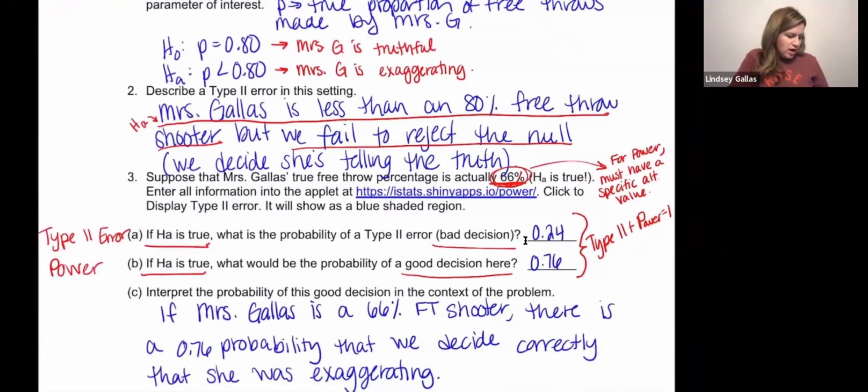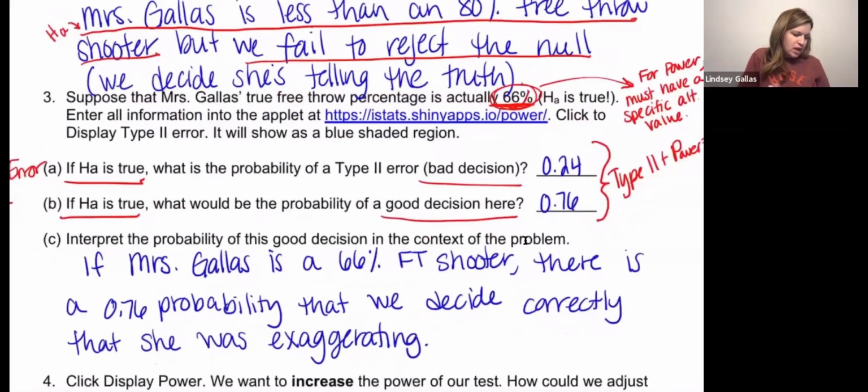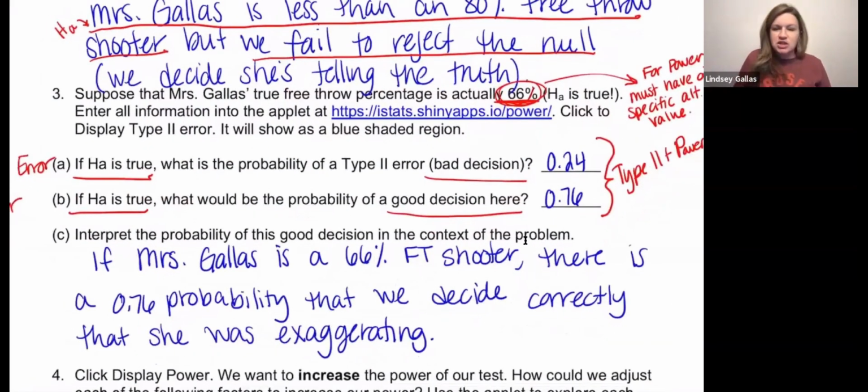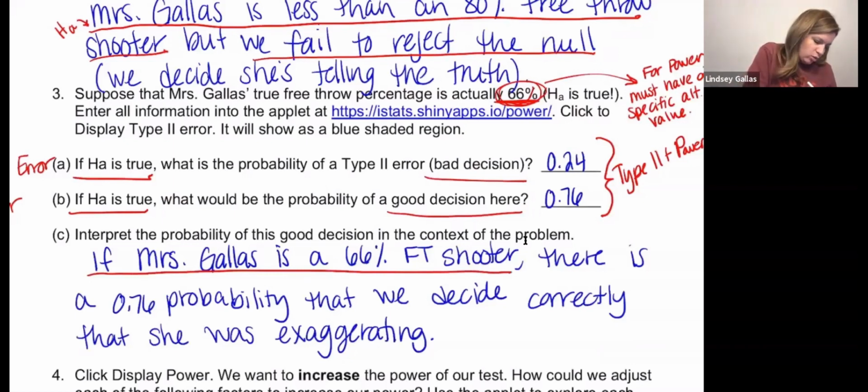Okay, so on part C, we're asked to interpret this probability. Interpret the probability of a good decision in the context of the problem. So what I've got here is, well, remember, we're doing this all under the assumption that I am a 66% free throw shooter. So this first part here, if Mrs. Gals is a 66% free throw shooter, well, really, isn't that a condition?